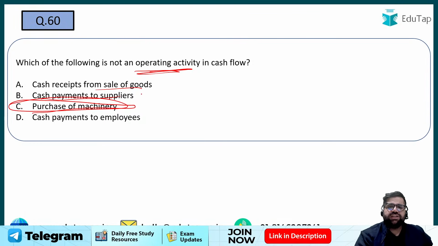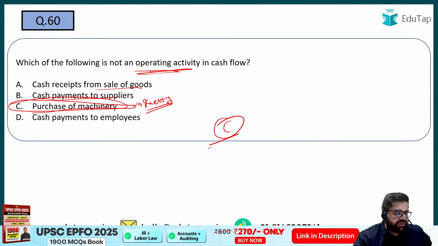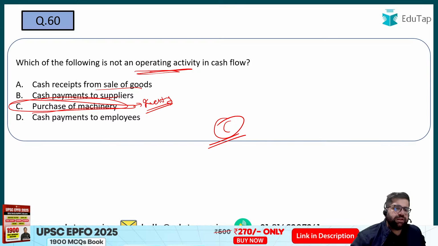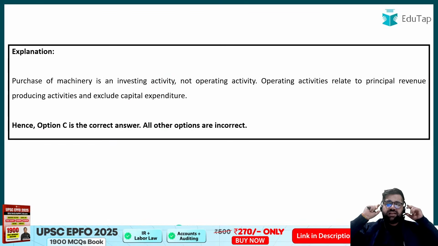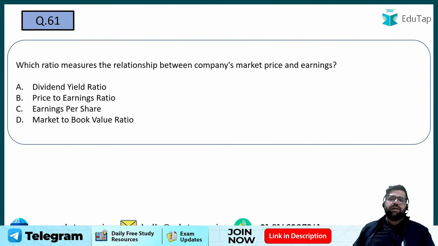No. Purchase of machinery is my investing activity because I am investing my money in purchase. So the correct answer will be option number C, because purchase of machinery is an investing activity and not operating.